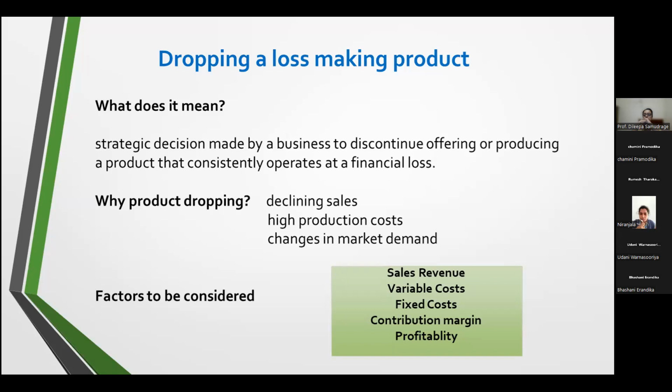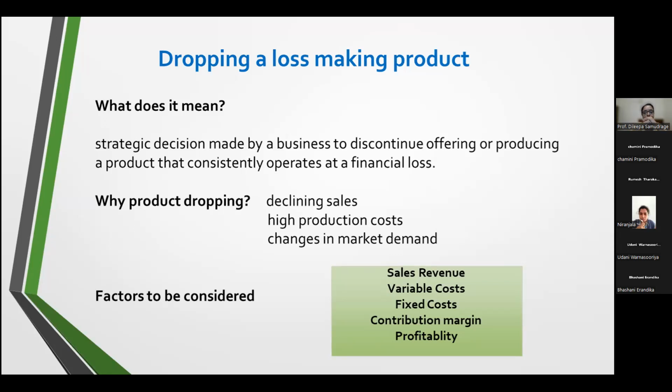When we consider this range of products, there are 3 products, and product X is making losses. As a decision point, we want to consider the contribution margin of this.